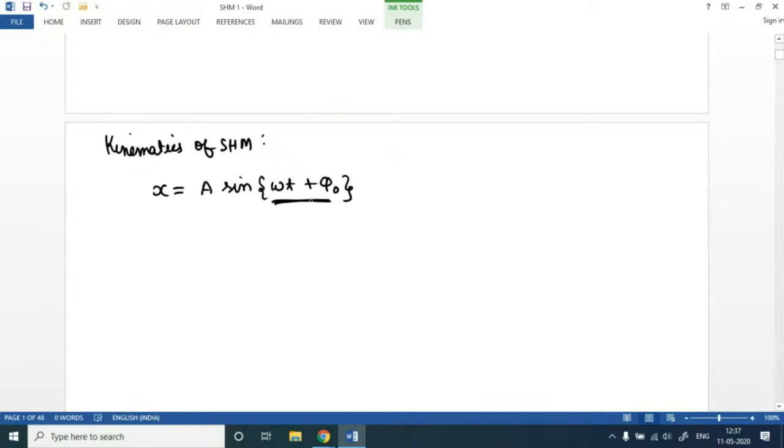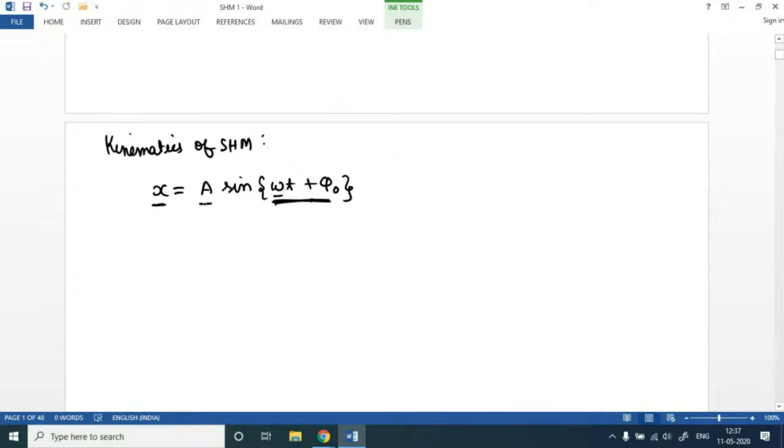This whole thing, ωt + φ₀, is known as the phase of SHM, which you see is a function of time. It varies with respect to time. So when the phase of SHM varies with time, similarly it will vary the position as a function of time. So x is represented as A sin(ωt + φ₀), where ω is the angular frequency, as we have already stated.